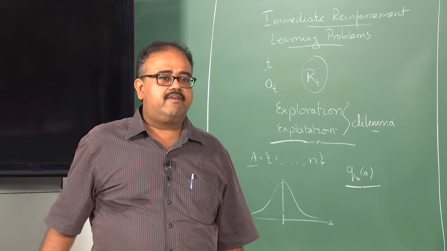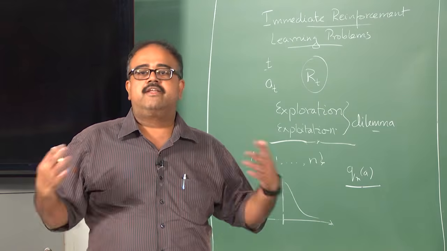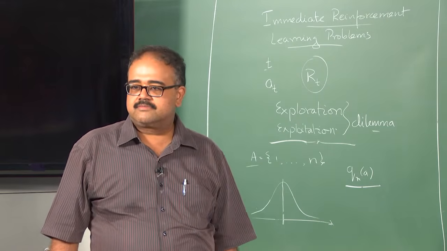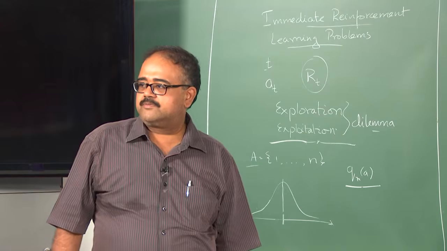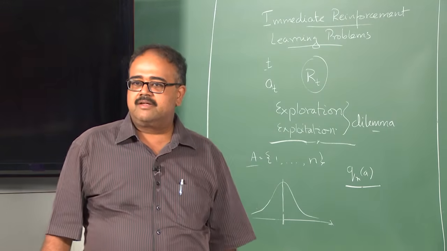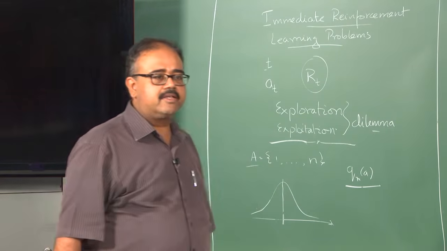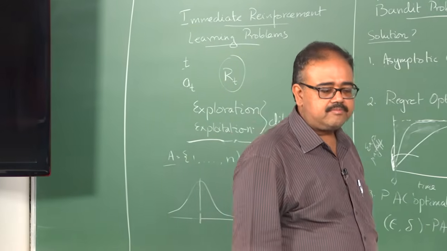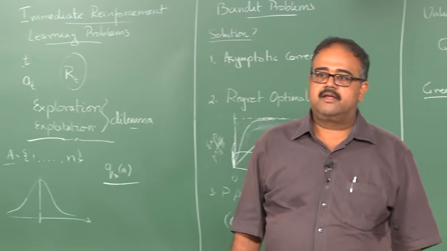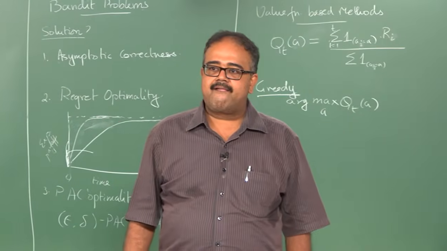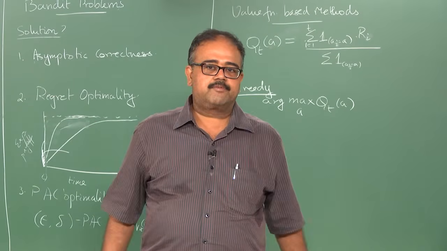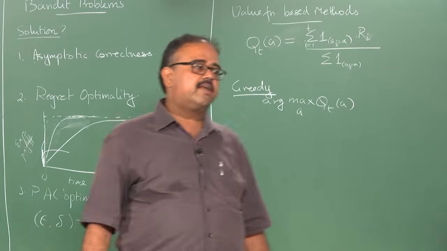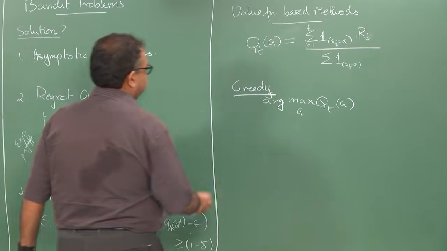It could very well be that arm 3 has a reward of 50, just because I happen to pull arm 1 the first time. I will never ever go and pull arm 3 even though it has a much higher reward. So we don't want to be exploitative completely, so we need to have some kind of an exploration policy.